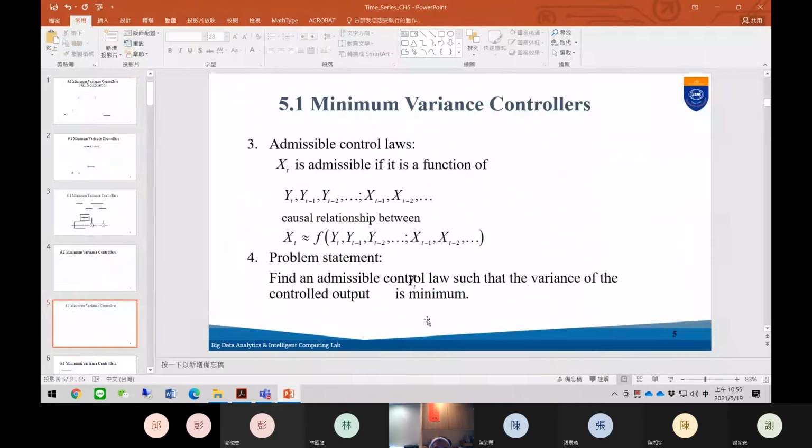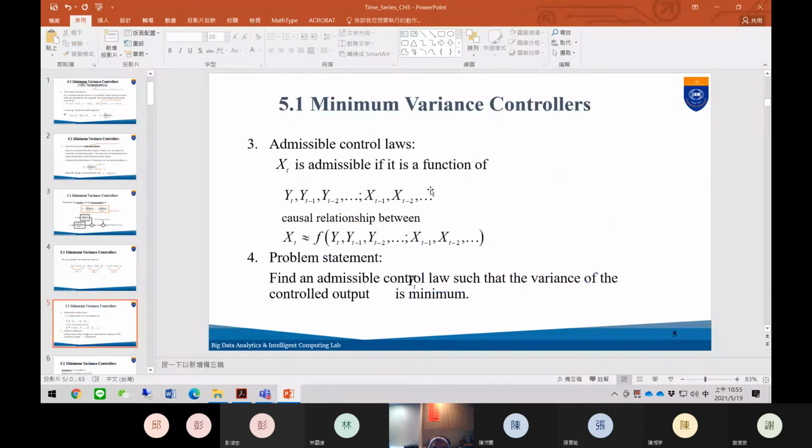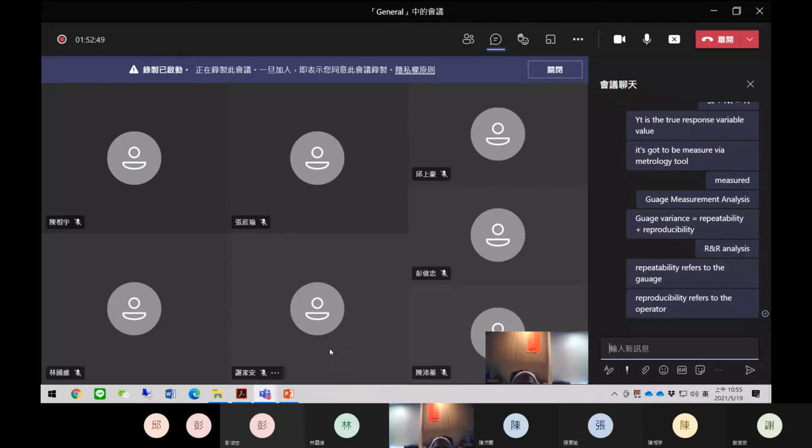Okay, back to the slide. Admissible control laws. X_t is admissible if it is a function. So I'd like to calculate X_t. The typical question to be asked: what is the X_t to be chosen?